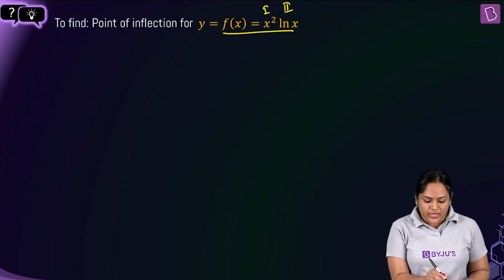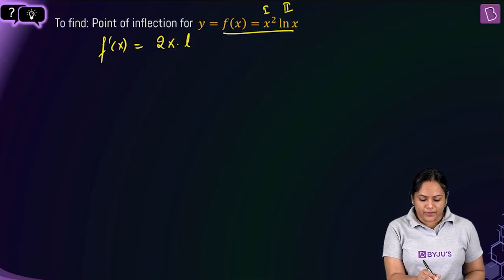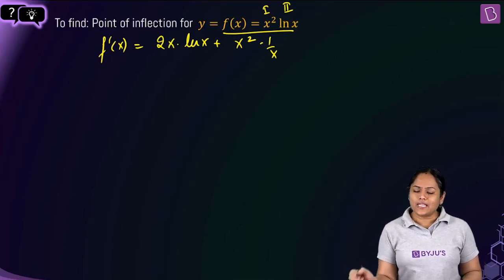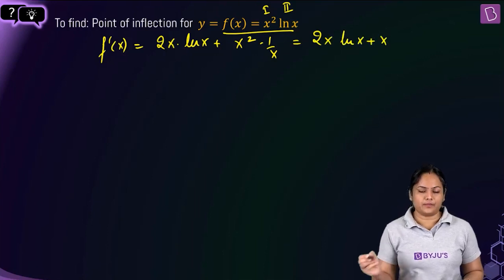Clear? So when I do that, I'm going to get f dash x as x square derivative is 2x multiplied by ln x plus ln x derivative is 1 by x, right? So it's coming out as 2x ln x plus x.